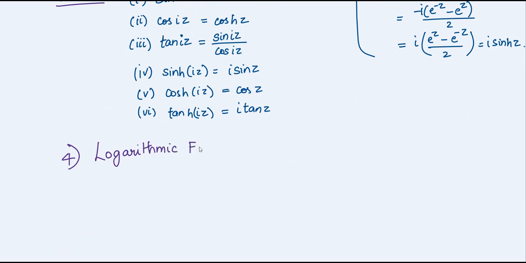How is the log function defined? Log z to the base e.